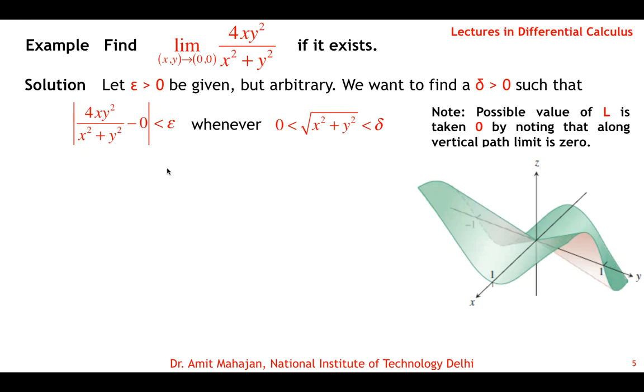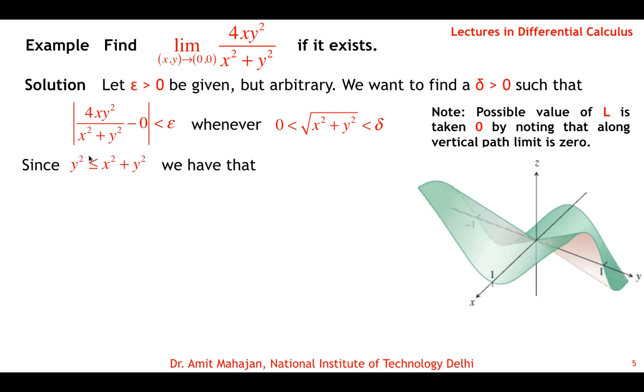We know from single variable that we solve this by solving the epsilon inequality first, and then we try to find out if there is any delta possible corresponding to each epsilon. If it is true, then we can say that the limit exists. So we'll solve this left hand side, the modulus of 4xy square over x square plus y square.